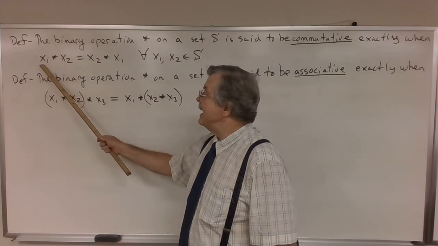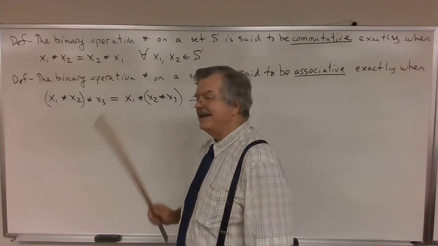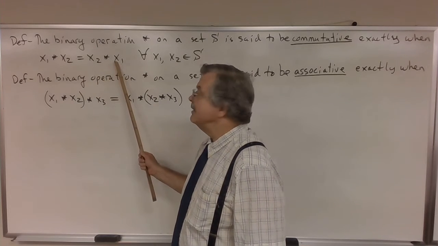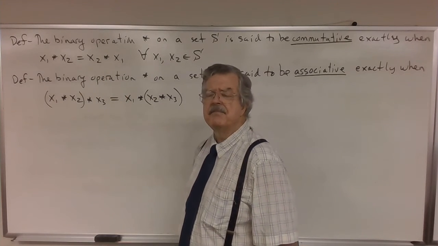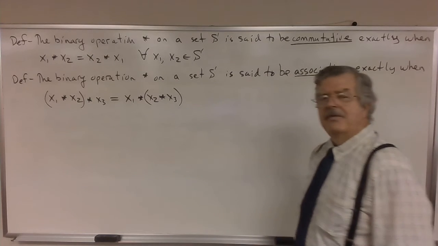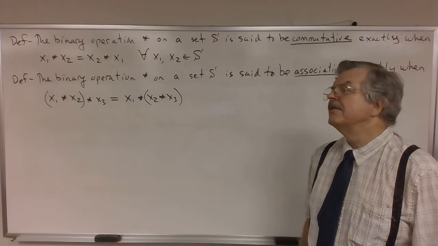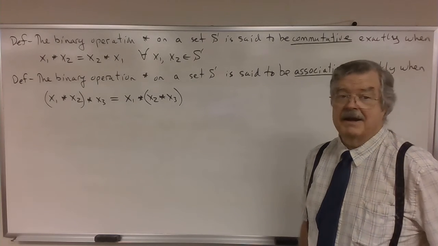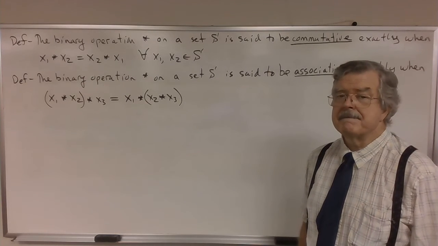The ordered pair x1, x2 is assigned exactly the same element as x2 star x1. When that happens, the operation is commutative. And it doesn't always happen.